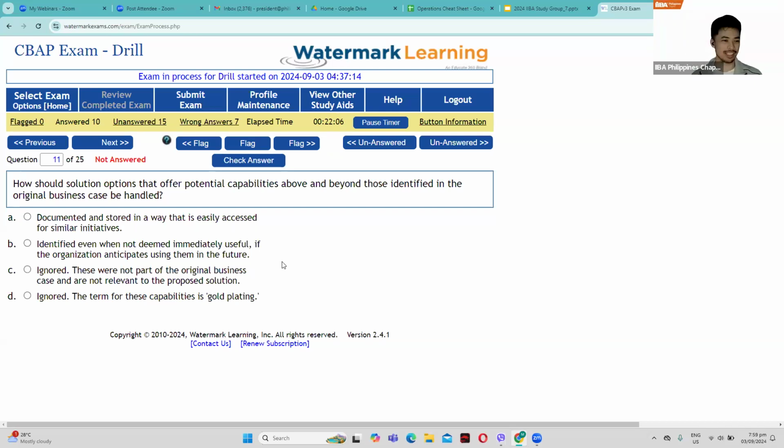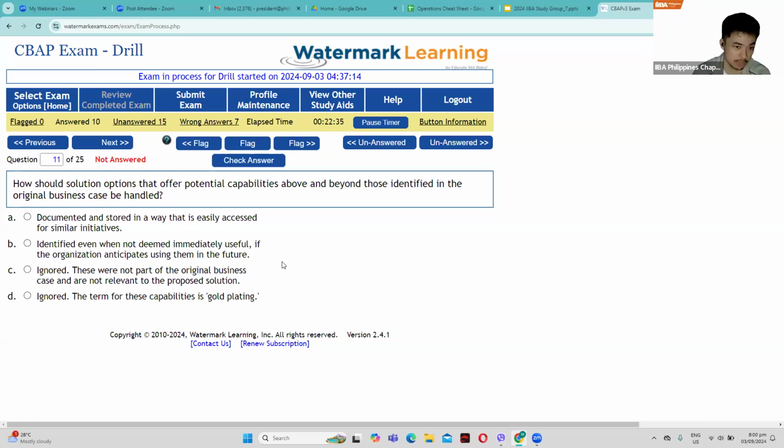So anyway, next, how should solution options that offer potential capabilities above and beyond those identified in the original business case be handled? A, documented and stored in a way that is easily accessed for similar initiatives. B, identified even when not deemed immediately useful if the organization anticipates using them in the future. C, ignored. These were not part of the original business case and are not relevant to the proposed solution. D, ignored.